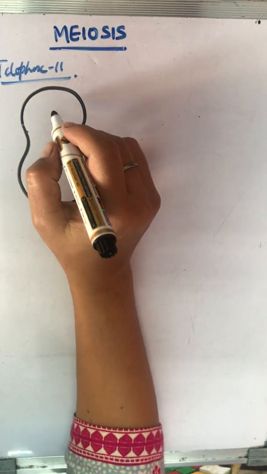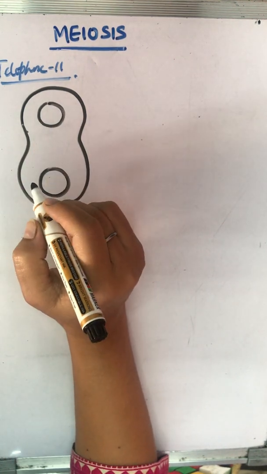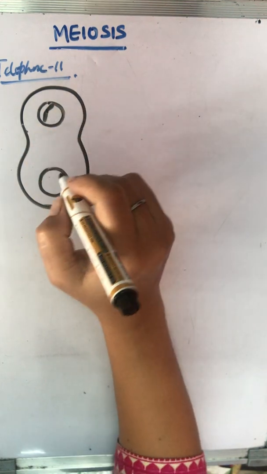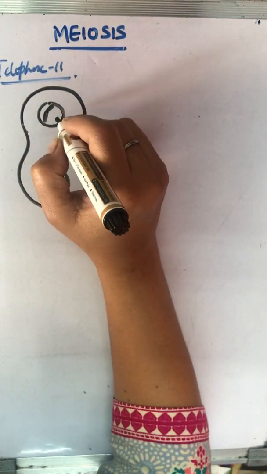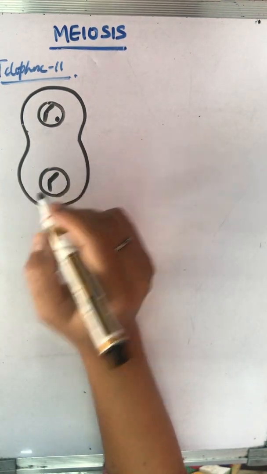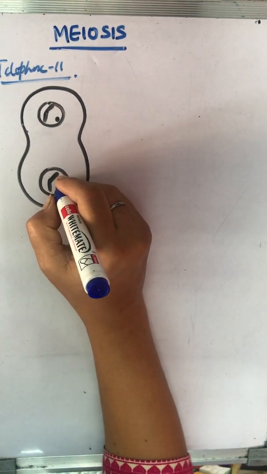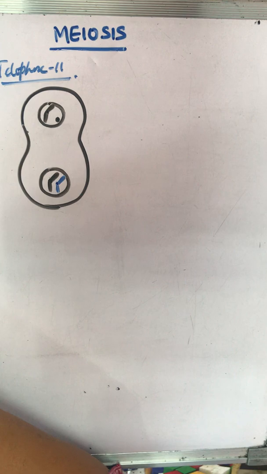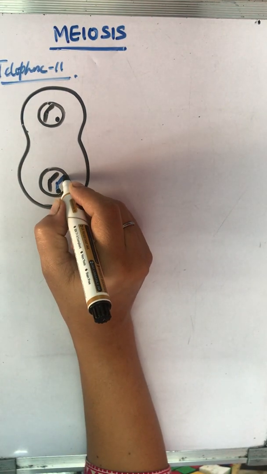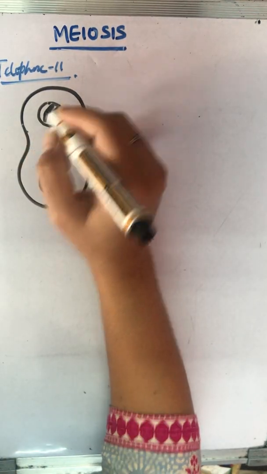Here we see reappearance of nuclear membrane, nucleolus, and the chromosomes at the opposite poles.